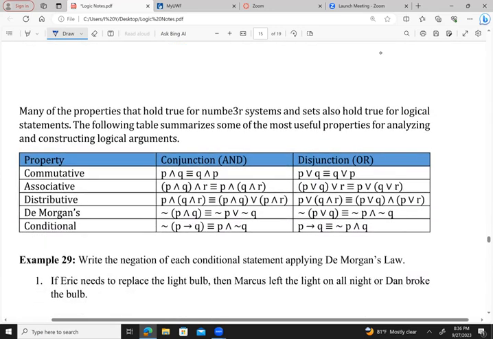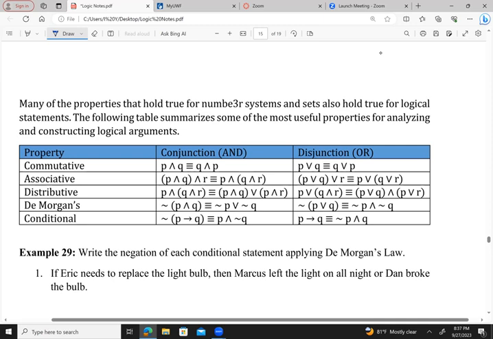So we can look at some properties that hold true for number systems and sets also hold true for logical statements. The following table summarizes some of the most useful properties for analyzing and constructing logical arguments.